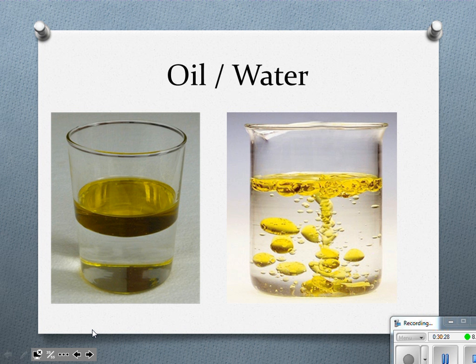Less dense than water. The higher density will sink, the lower density will float. So that oil is actually floating on top of that water there. So oil and water are not alike. Oh, sure. Sure, there's things that are less dense than oil. Yeah. We could layer it all out.